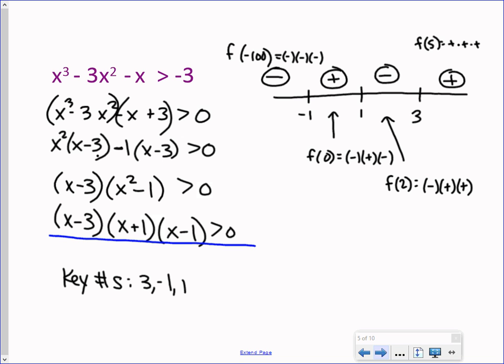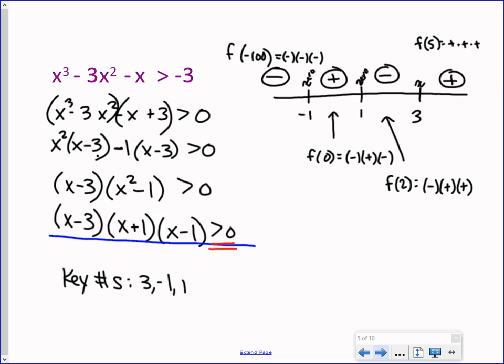Now you've got to answer your question. You want sections that are greater than 0. So you're looking for the ones that are marked positive. What is happening at the actual points we have? Negative 1, 1, and 3. It's crossing the x-axis, so it is 0. These are your zeros or x-intercepts.